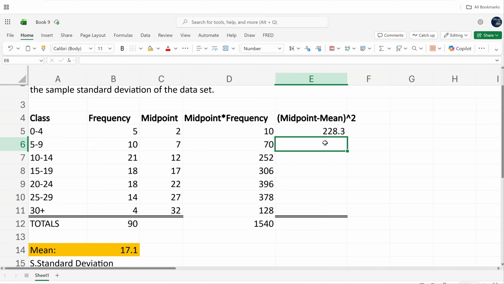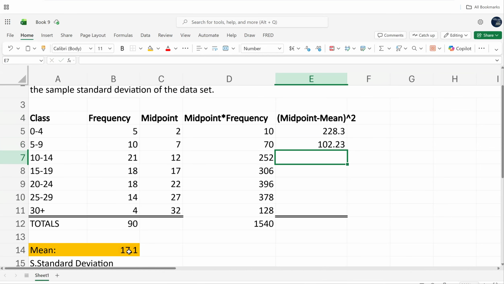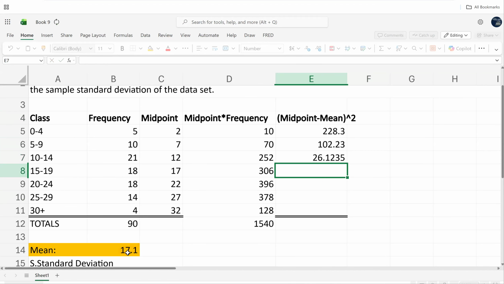All right, so let's run through that from the beginning with this next one in the proper order. So equals, parentheses, midpoint minus mean, close parentheses, caret 2 to square it. Next one, equals, parentheses, midpoint minus mean, close parentheses, caret 2, square it.